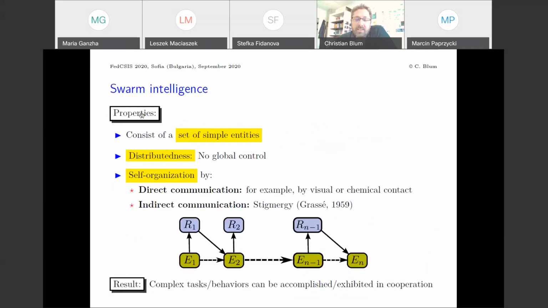We can also look at it from a more technical perspective. What are the properties of swarm intelligence systems in nature, and also from a technical point of view? They consist of a set of simple entities. They are completely distributed, so there's no global control.